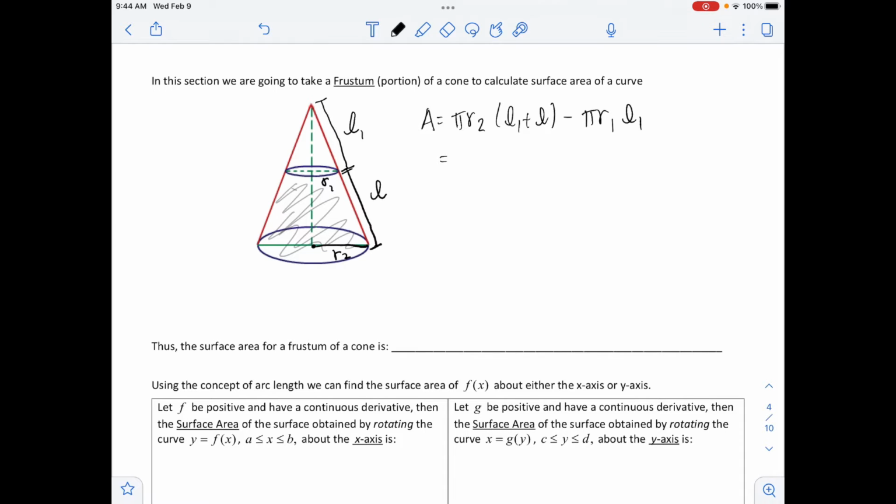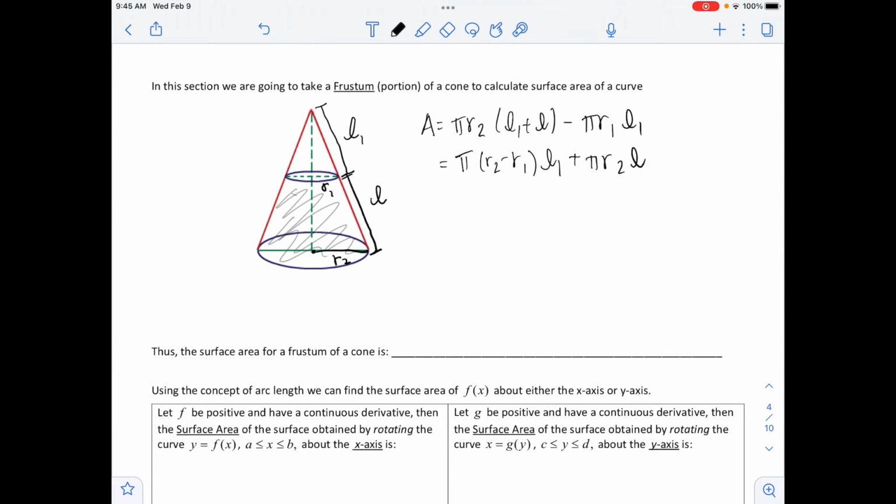And so we're going to rewrite this. I'm able to write this as pi times R2 minus R1 times L1, since they're both being multiplied by an L1, plus we also have pi R2 L. And so we're going to explore the part that's written right here.